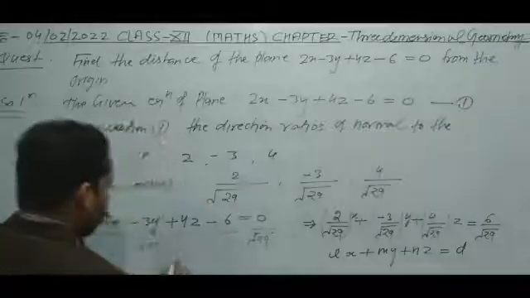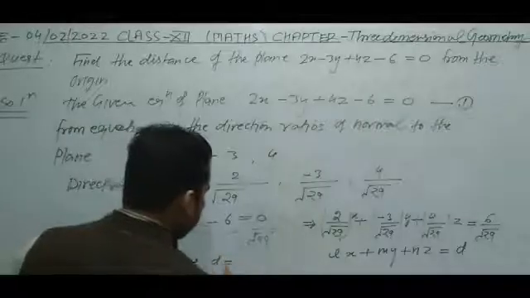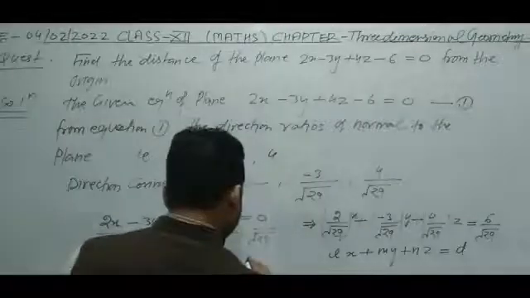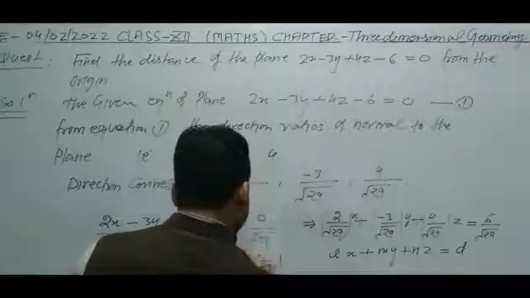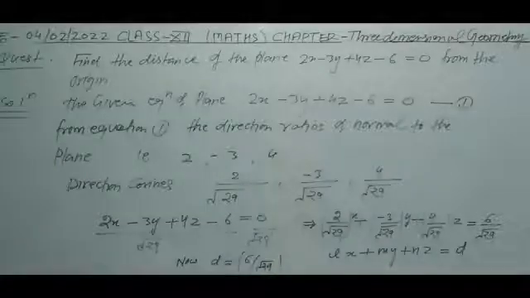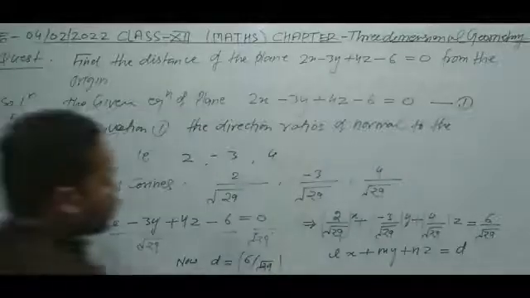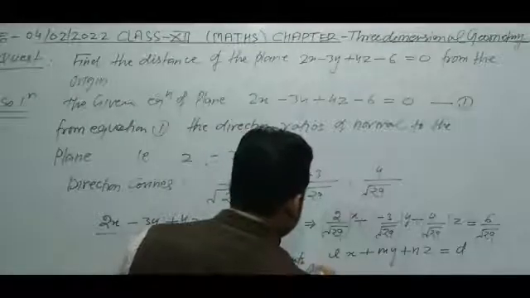Now d is equal to 6 upon root over 29. This is the answer, units. This is the answer.